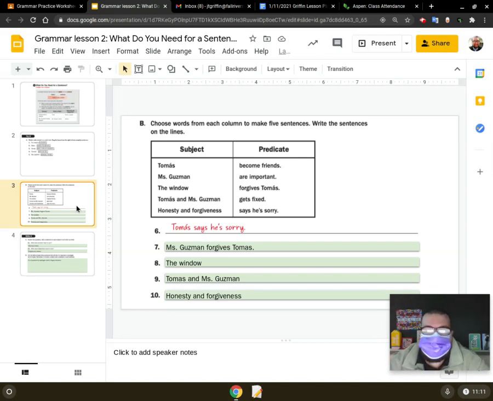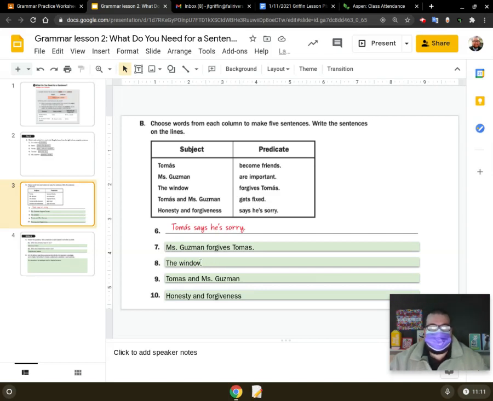Choose words from each column to make 5 sentences. Write the sentence on the line. So the first one was done for you. Tomás says he's sorry. Number 7. Ms. Guzman forgives Tomás. The window, so what do we put here?